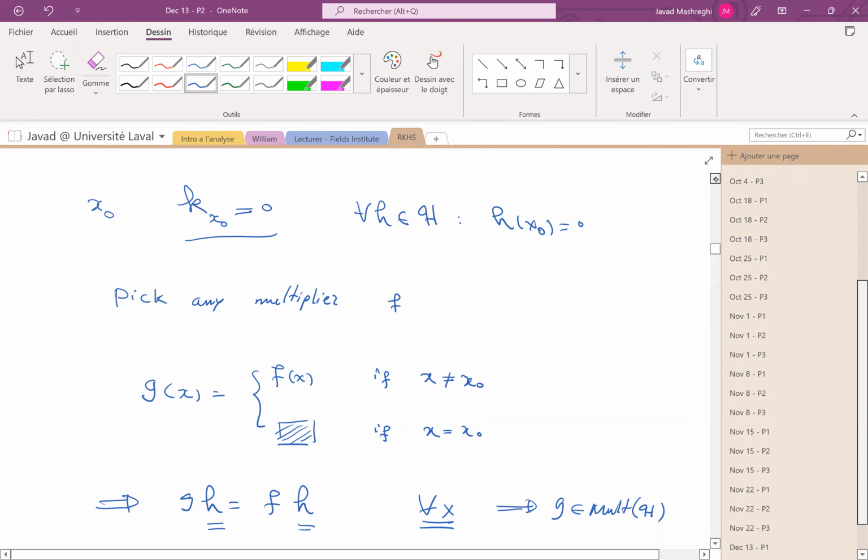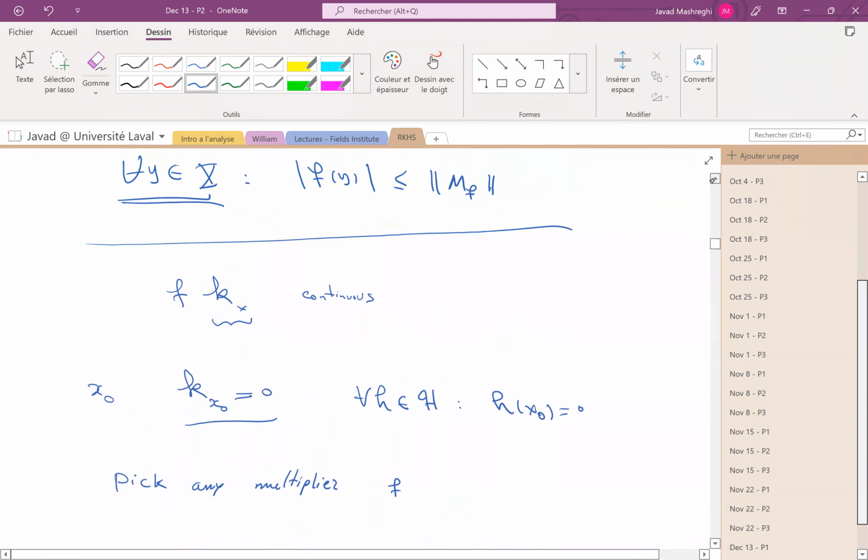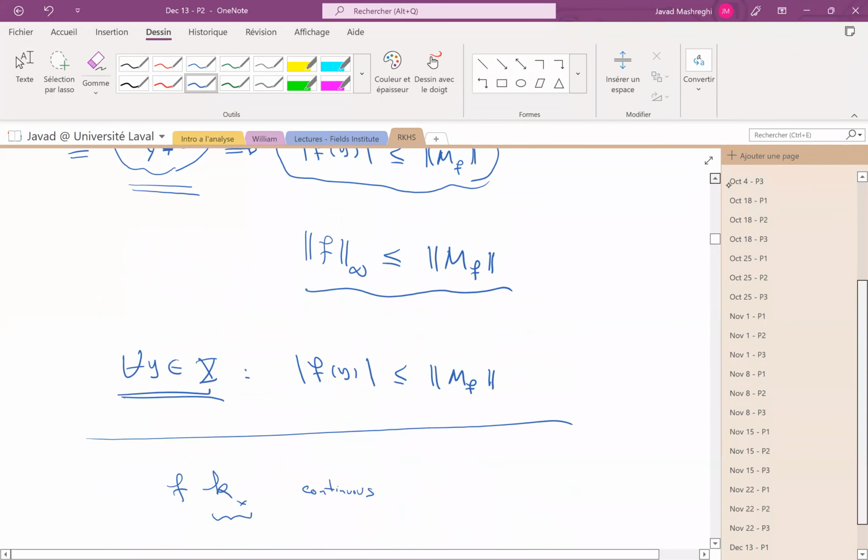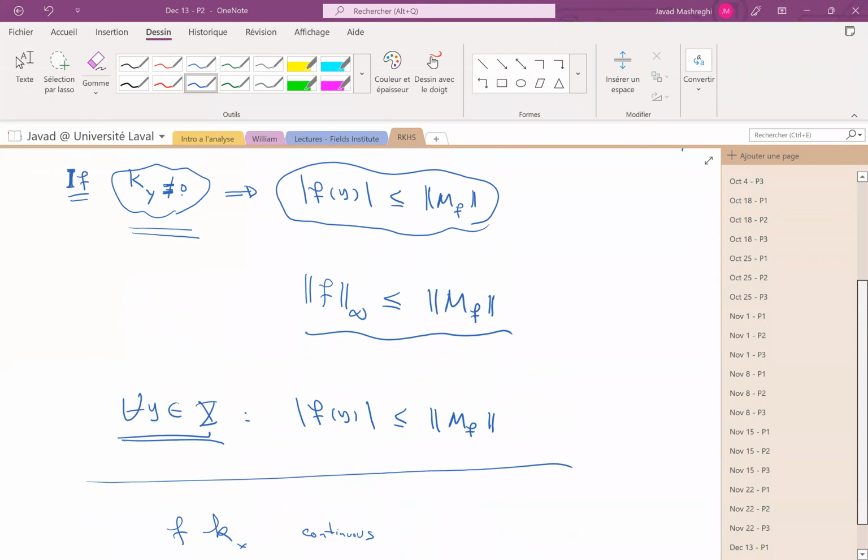So the only obstacle is a kind of artificial case. If the kernel is such that k_y is not 0 for all y, then it is continuous, for sure. Why is it continuous? And bounded, continuous and bounded, yes.